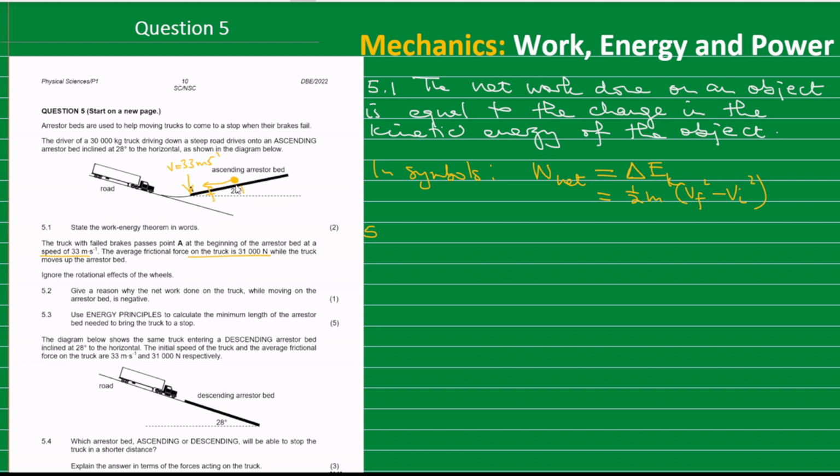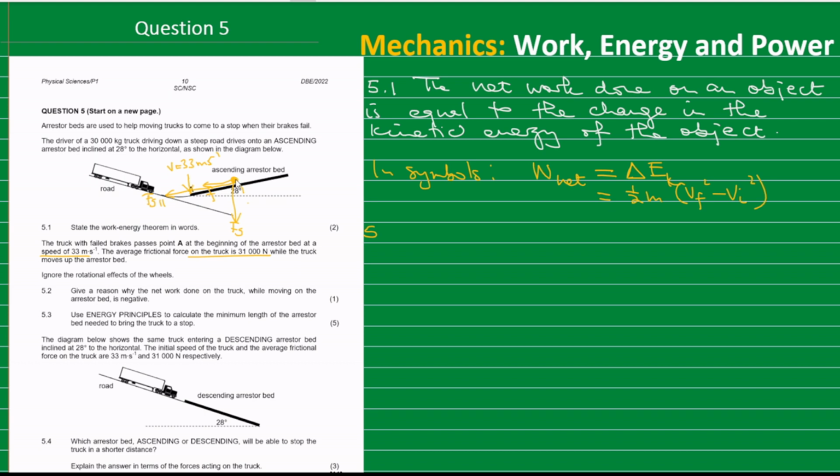There will also be another force acting here, which is gravitational force. But for gravitational force, we have to consider the component of gravitational force. There's a component of gravitational force which is also acting in the opposite direction to motion. That component, we call it FG parallel. It is parallel to the direction of motion, parallel to the plane.